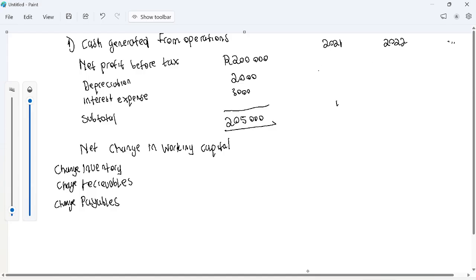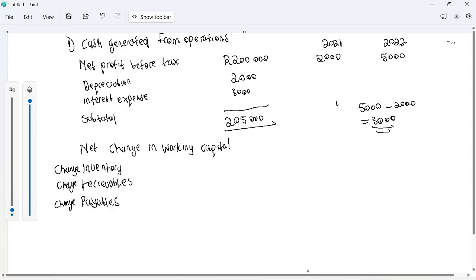Let's say for 2021 our inventory was 2000, and now in 2022 our inventory is 5000. Now what is the change? The change is the difference between the inventory we had in 2021 and the inventory we had in 2022, meaning 5000 minus 2000, which gives us 3000. This is the change in inventory.